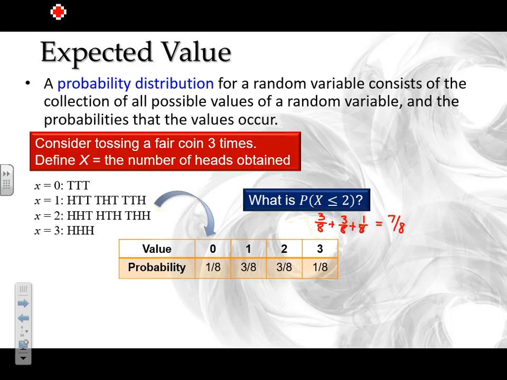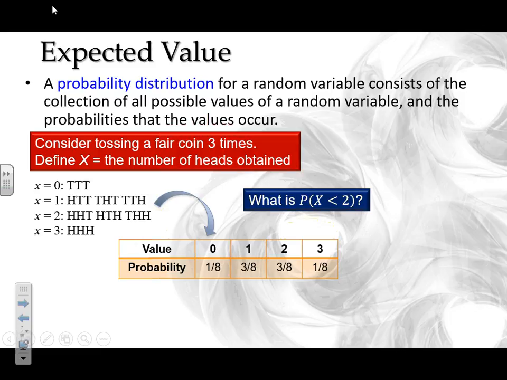Okay? So as far as your probability distribution goes, once you have it laid out, most of your probabilities should be pretty straightforward. It's just a matter of finding the ones you want and putting them all together. Okay? What if I want the probability that x is less than 2?